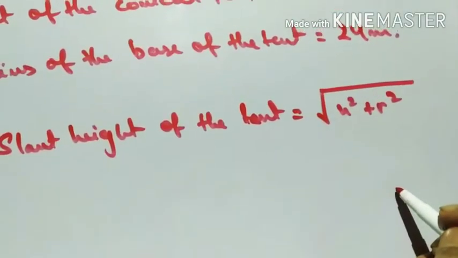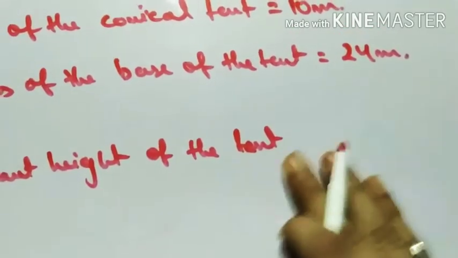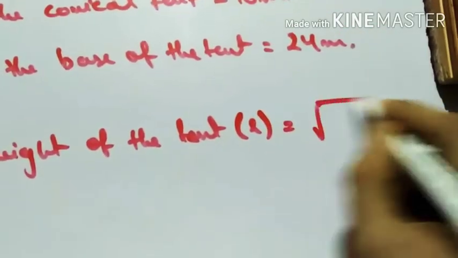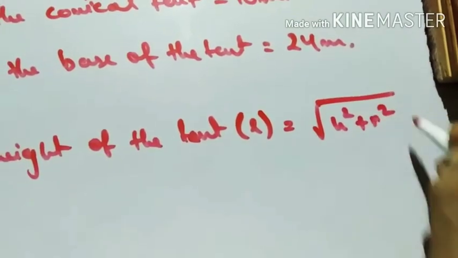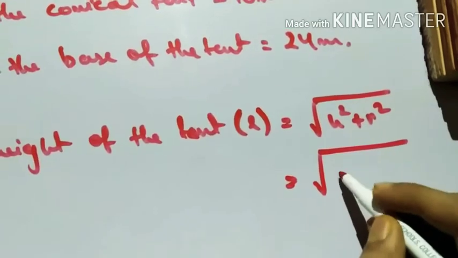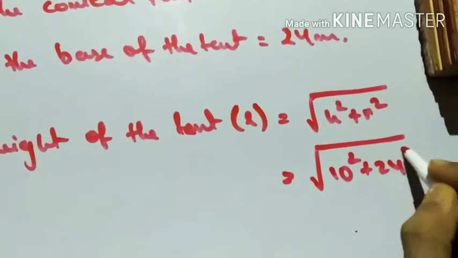Okay, in here you can write like that also. Slant height of the tent, in the bracket you can give small letter l, is equal to root over h square plus r square. Okay, is equal to root over 10 square plus 24 square.